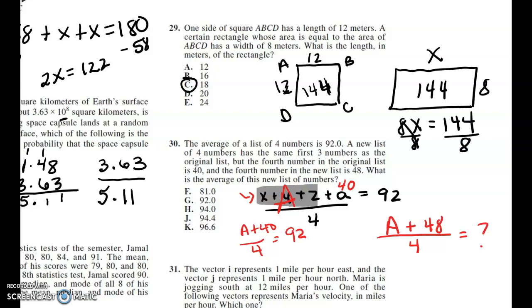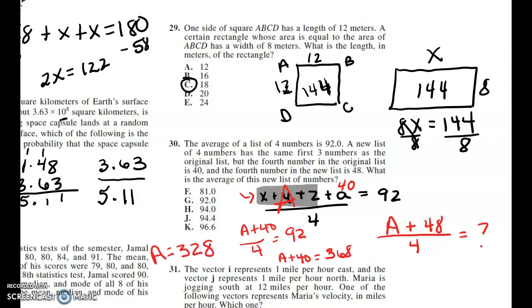You want to cross multiply. So what is 92 times 4? And then you get A plus 40 equals 368. And then we want to subtract 40. So 328. So capital A equals 328.